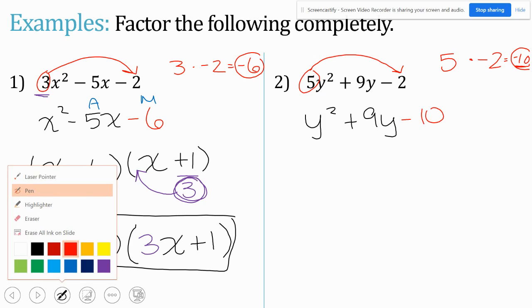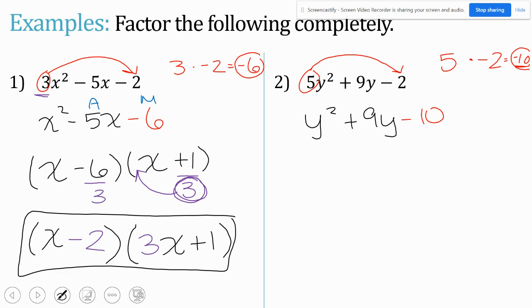That C value is negative, so I know we're going to have different signs here, and the bigger number is going to be positive. So what I want to do here is find two numbers that when I add them, they give me a +9, and when I multiply them, they give me -10. And this number here tells me that my bigger number is going to be positive.